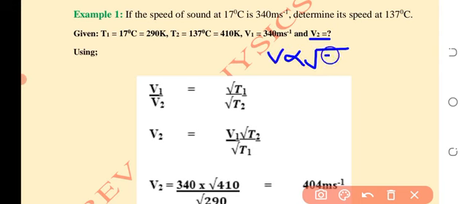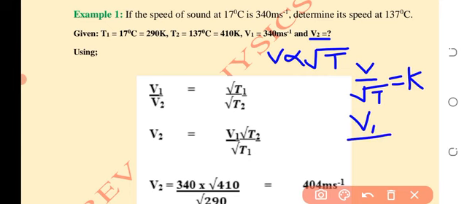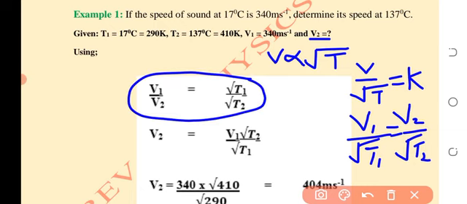And from the expression that the speed is directly proportional to the square root of temperature in Kelvin, it means we can say V over root T equals a constant, and this can easily lead us to a mathematical equation by saying V1 over root T1 equals V2 over root T2, which can as well give birth to this equation that we have here.